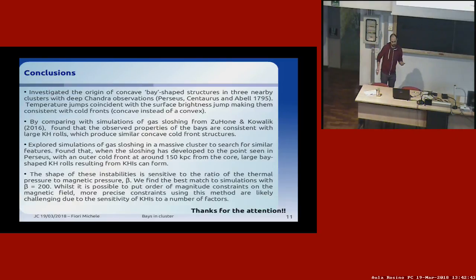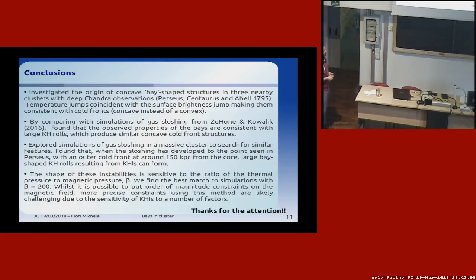So, conclusion. They investigate the origin of this bay, which they found in 3 nearby clusters. The temperature jumps and the surface brightness jumps are consistent with cold fronts, but in this case concave instead of convex.